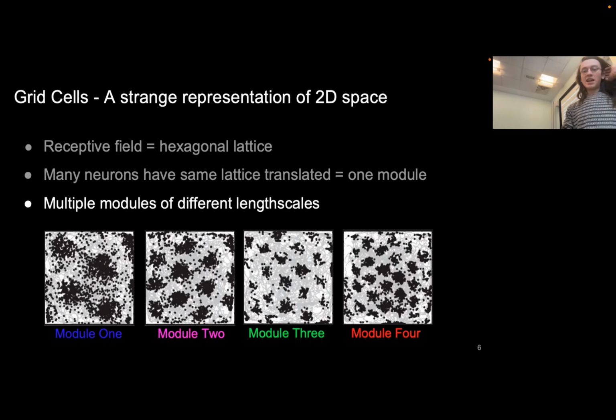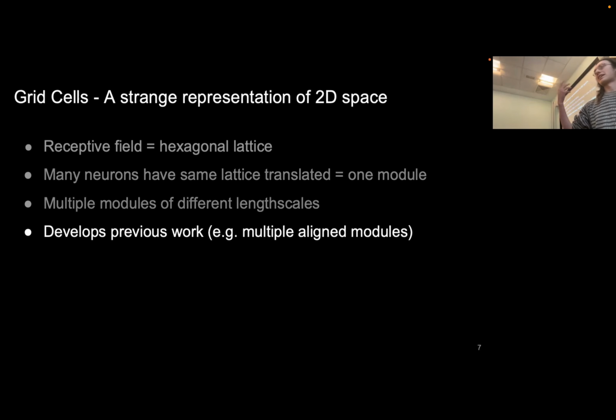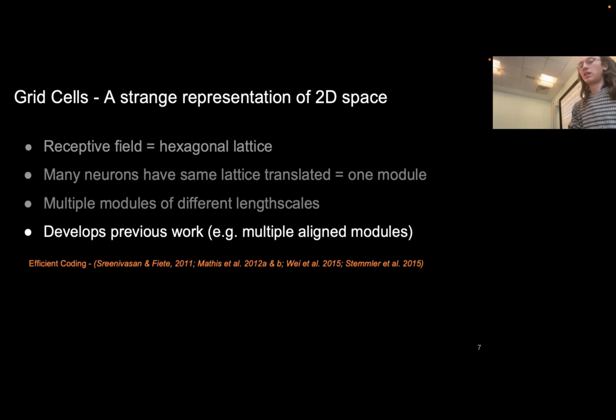And to quickly run through, there's been a lot of previous work trying to understand why this strange representation of space exists, normative reasons for it that are similar to our work. For example, there are efficient coding arguments that are similar to our idea that you should be functionally encoding many different points. And I guess we're trying to add to that why be grid-like in the first place, or why align things, so that you can't answer from a pure decoding point of view.